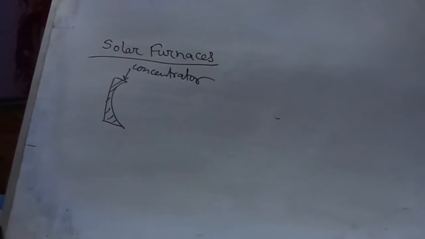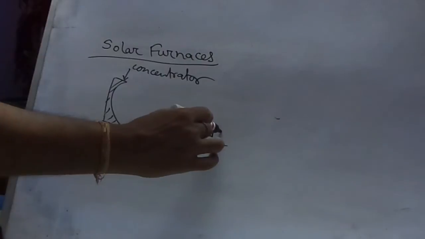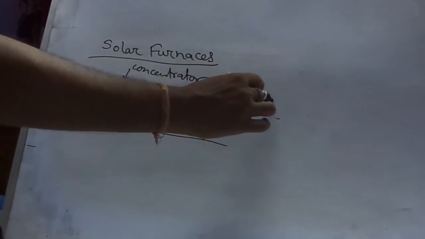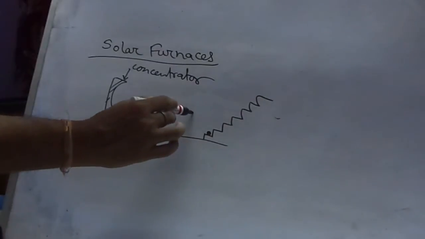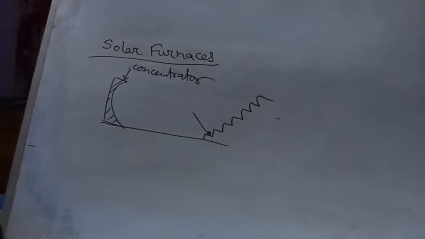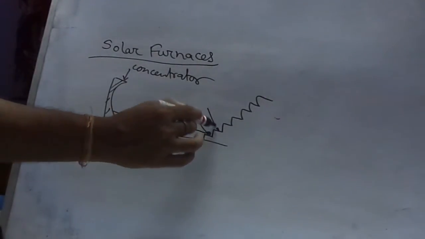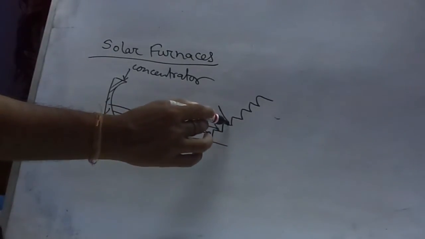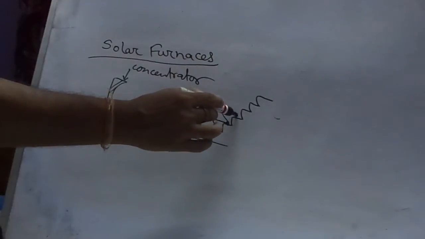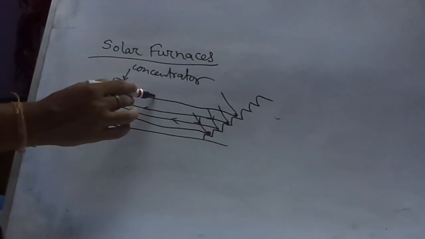Another one is the heliostat, arranged like this, one by one. The sun rays, the solar radiation, come here and hit this one, another one comes and hits this one, another one comes, and so on.